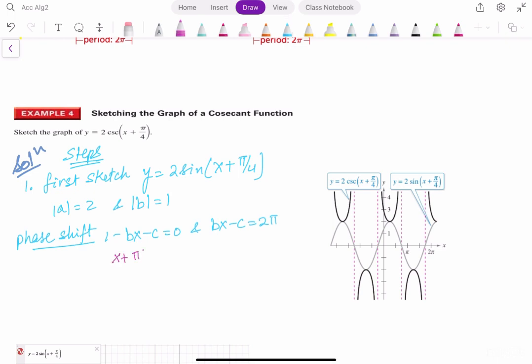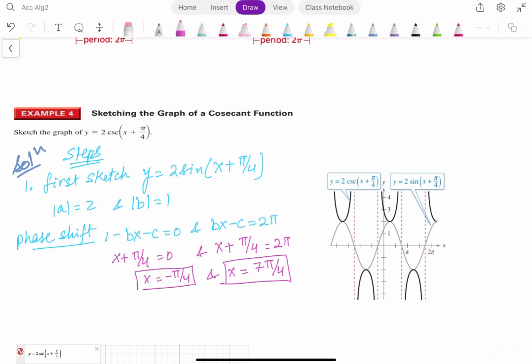So the phase shift will happen at x is equal to negative pi fourths and x is equal to 7 pi fourths. This is how the phase shift will work.